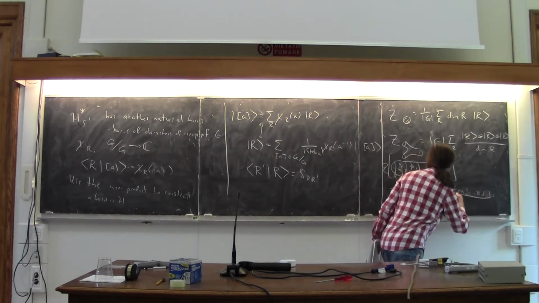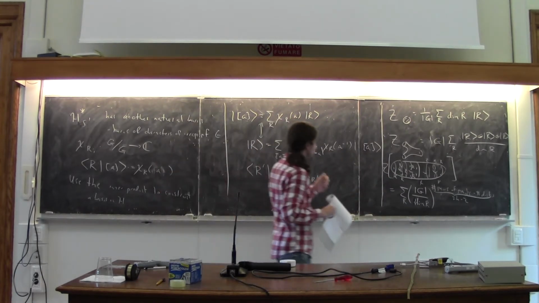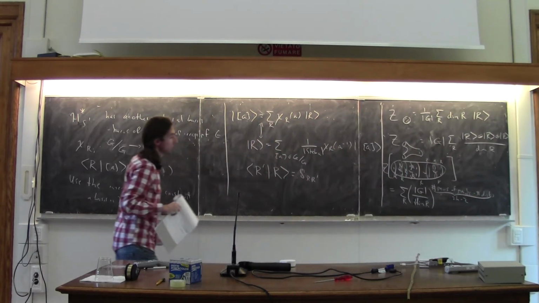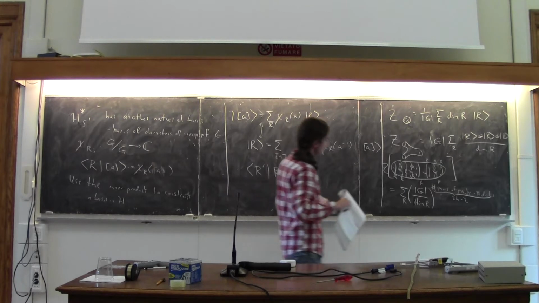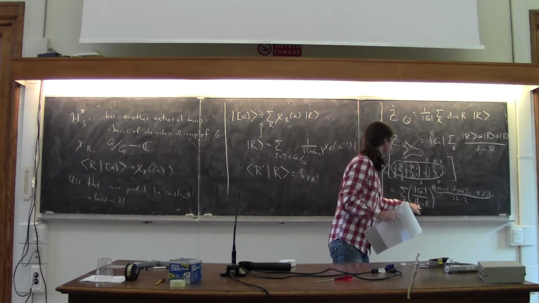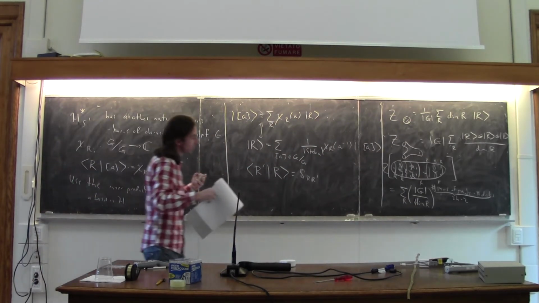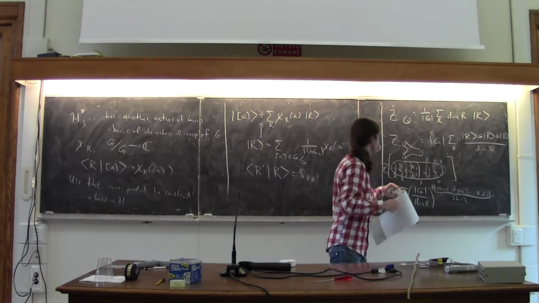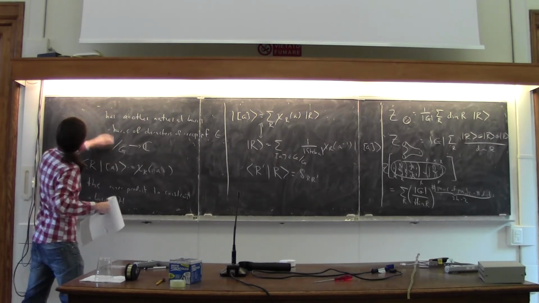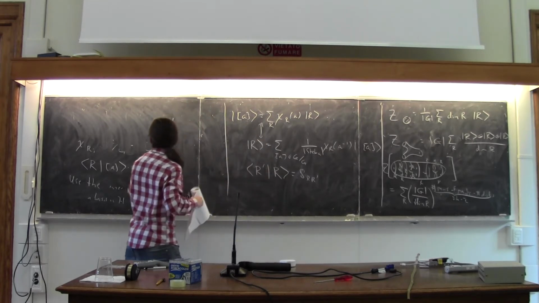So this is the answer for the volume of the moduli space of flat connections on the surface. And the beautiful thing about it is that it is expressed in terms of sums over irreducible representations of dimensions of these representations to some power, which is minus the Euler characteristic.